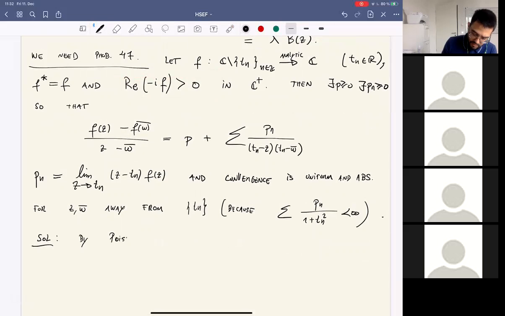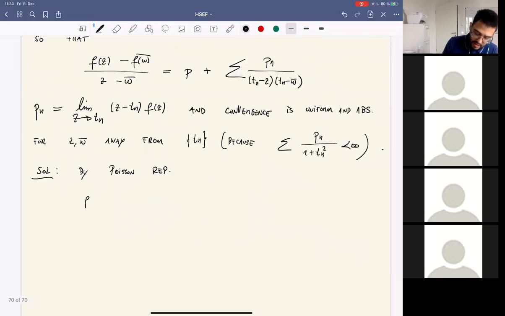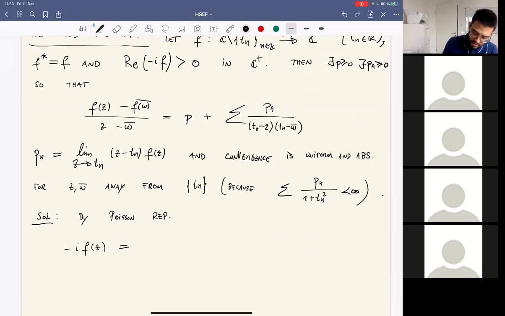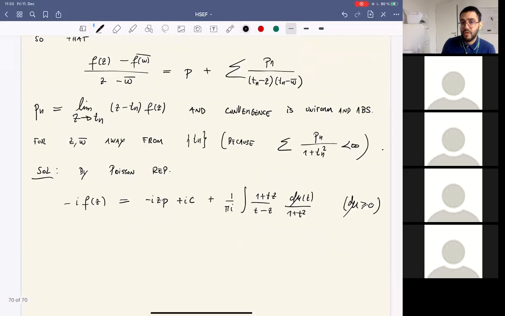representation. We know that minus i f of z equals p z, for some p positive, plus i c for some c real, plus 1 over pi i times the integral of (1 plus t z) divided by (t minus z), d mu of t over (1 plus t squared), for some non-decreasing function mu.